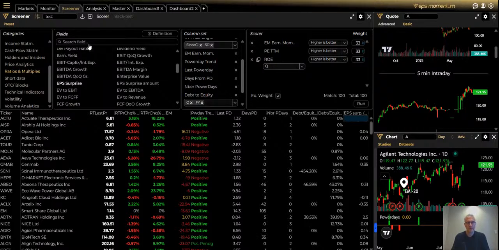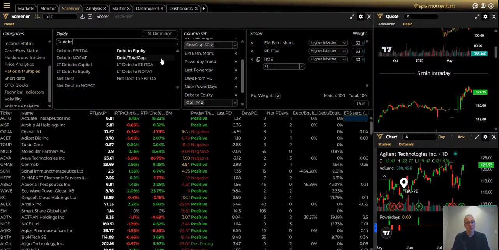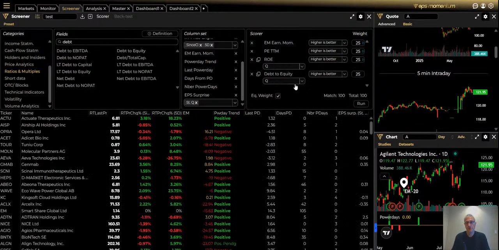And let's say we want your debt to equity ratio here, and I want the annual to be the lower the better. Obviously, the less debt, the better, right? The ROE, the higher the better. The P ratio, actually, I would want the lower the better, and the earning momentum, the higher the better, right?